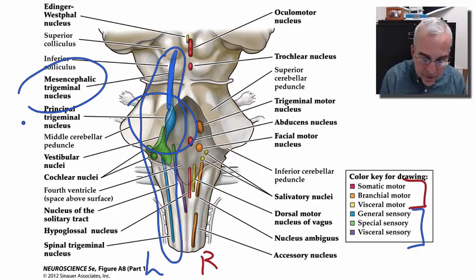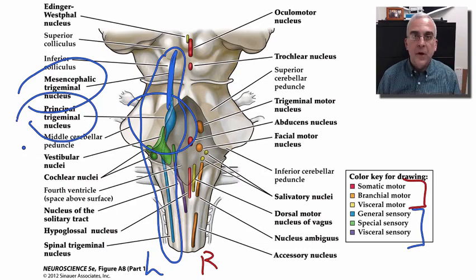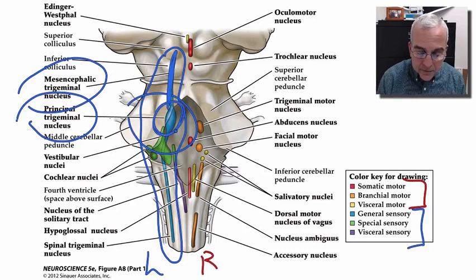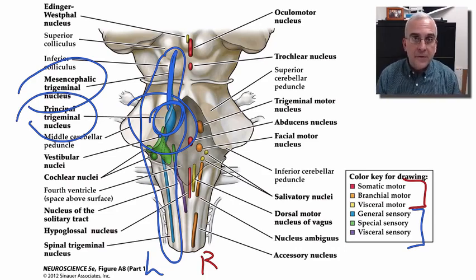In the middle, we have something called the principal, sometimes called the chief sensory nucleus of the trigeminal nerve. This is the part that receives signals about light touch from the face. So if you ever have a gentle caress on your face, this is due to activation of cells in the trigeminal nerve that synapse in this principal trigeminal nucleus.